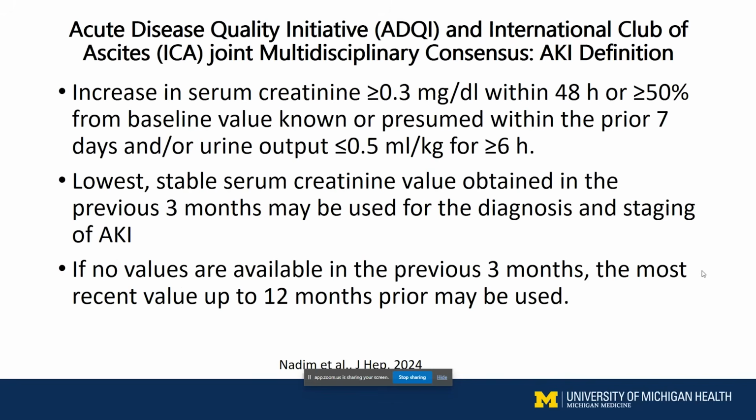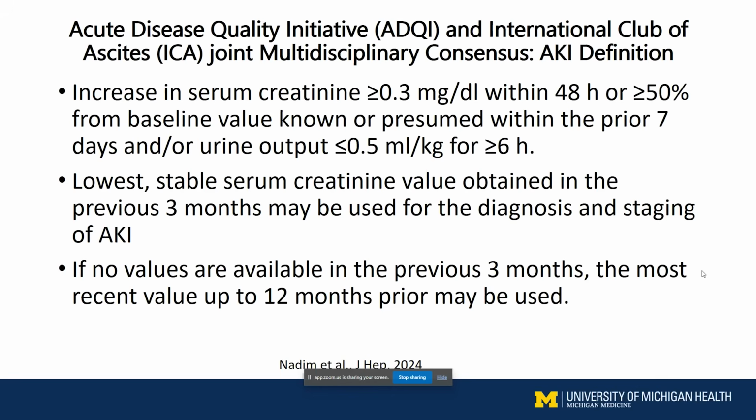So this is hot off the press. This study came out last year. This is the Acute Disease Quality Initiative and International Club of Ascites consensus, where they tweaked the AKI definition, similar to what we have for the RIFLE criteria.